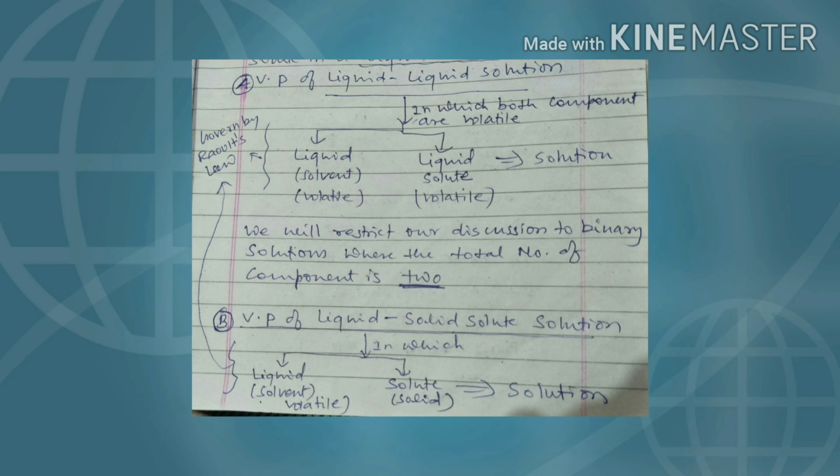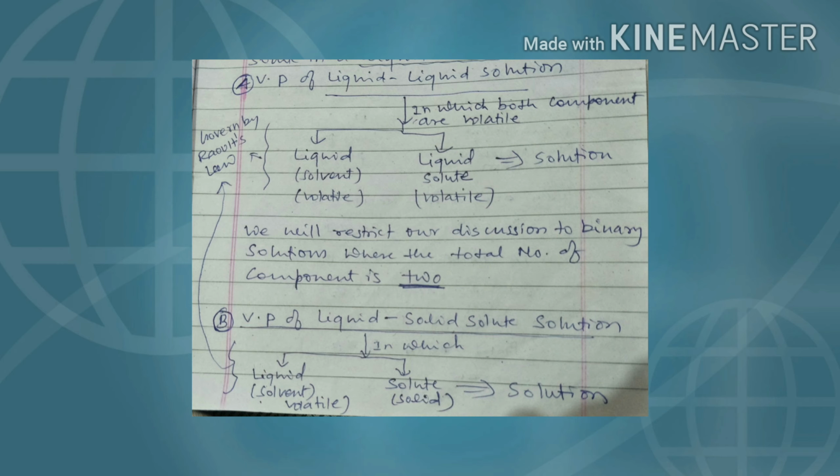In liquid solution, both components are volatile. The liquid solvent is volatile, and the solute, which is in liquid form, is also volatile, and on mixing both form a solution. We will restrict our discussion to only binary solutions, as in class 12 NCERT.